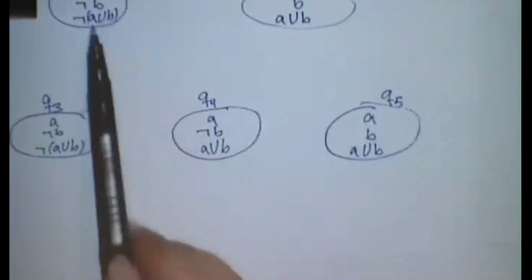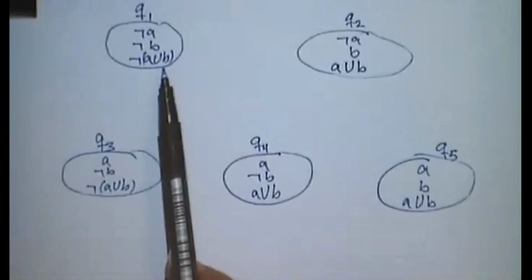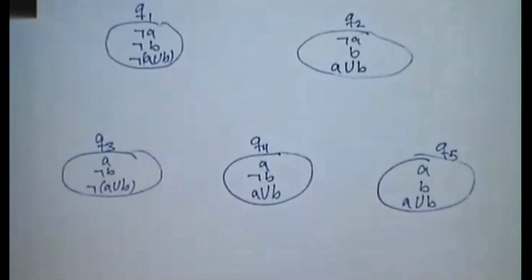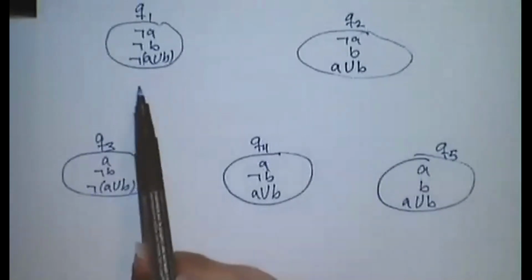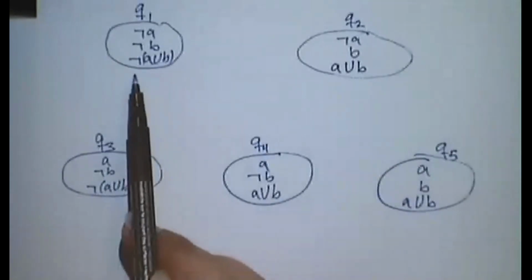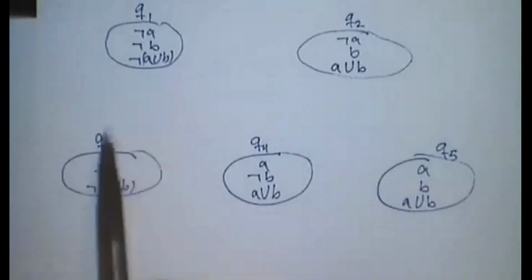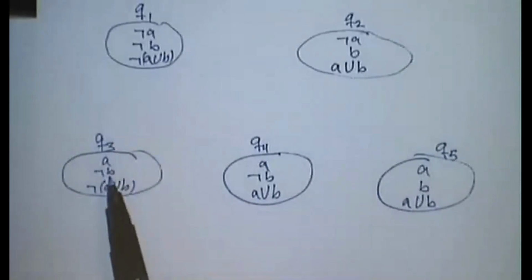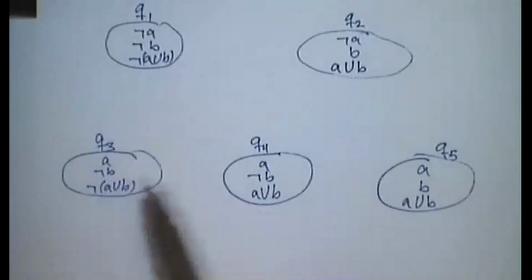So all of the edges that go out of Q1 should be labeled by the empty sets. But where can we go from Q1? In Q1, we also have not A until B, right?